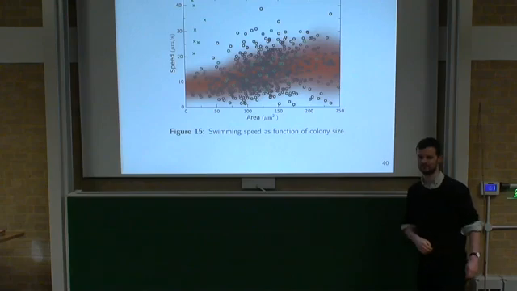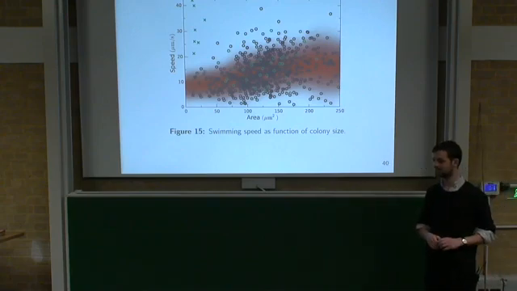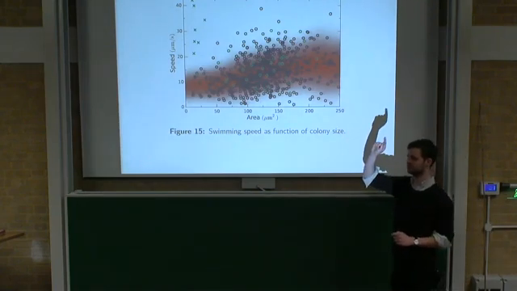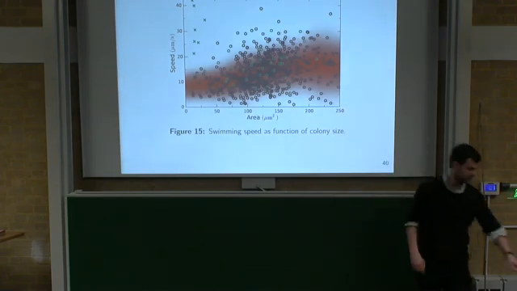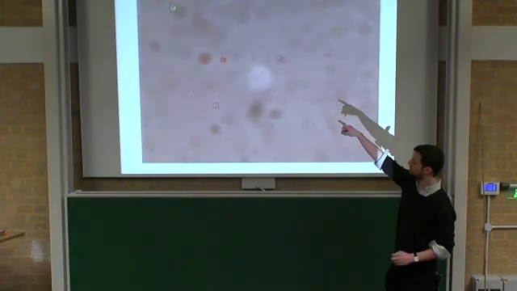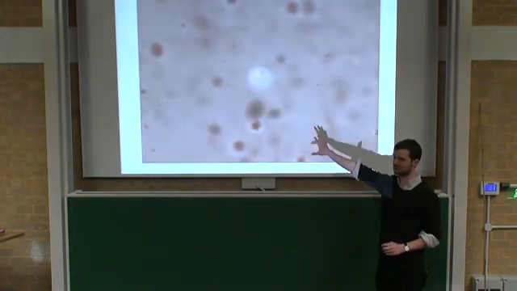Do you have a similar thing for omega 0 as a function of size? Similar scatter plot? First of all, omega 0 could be estimated, when you look at the video, for some of these swimmers, but not for all of them. So there's some bias already there.